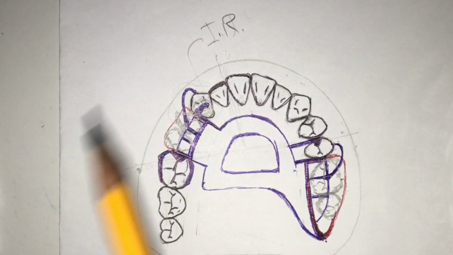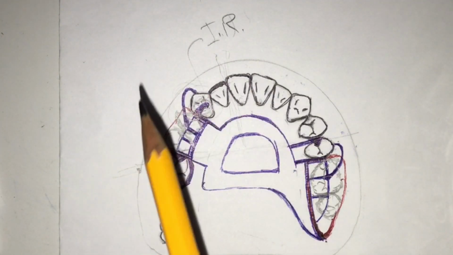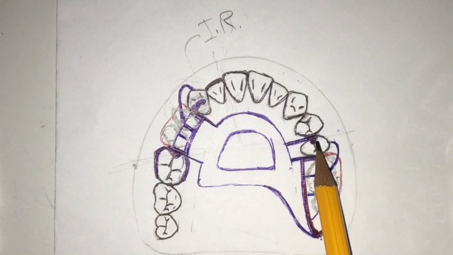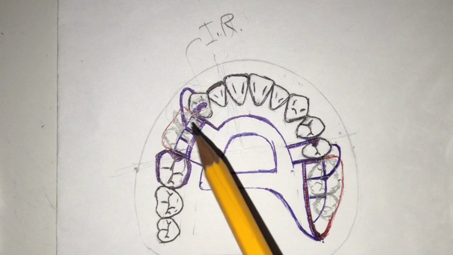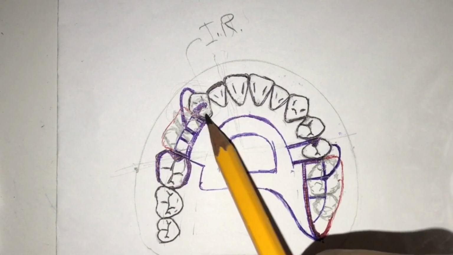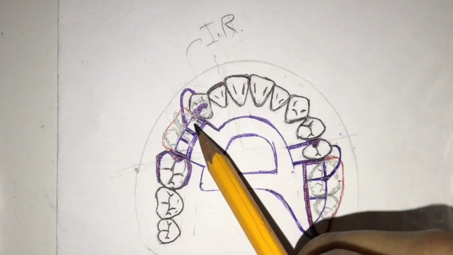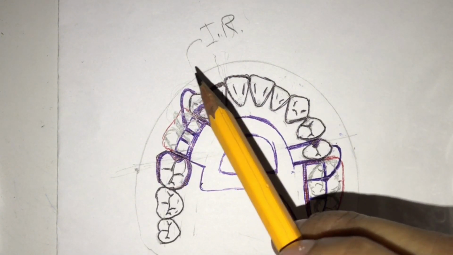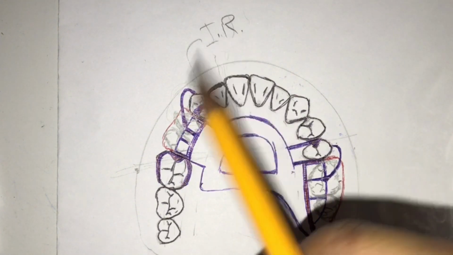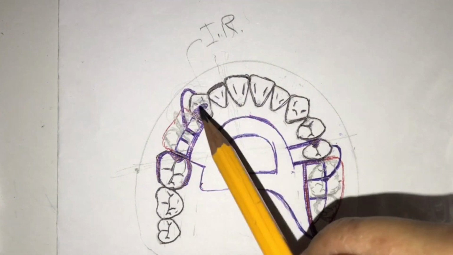You do not call this an RPI, okay? It's not an RPI because again, remember, RPI is rest always mesial, proximal plate at the distal, and an I-bar. Anyways, when it comes to an I-bar in a canine, just to be clear, your I-bar in the canine should always be placed mesially to the middle third of the buccal surface.